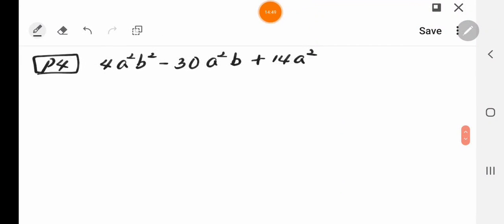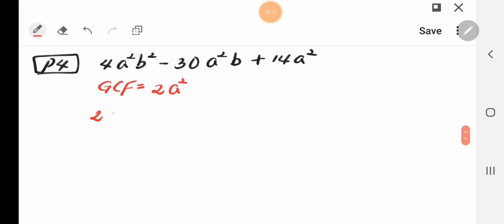Alright, from this problem 4, let's factor out the GCF. For the numbers, yes, 2 is the common factor. How about a's? Yes, a squared occurs in all three terms. How about b? No. So the common factor is 2a squared.